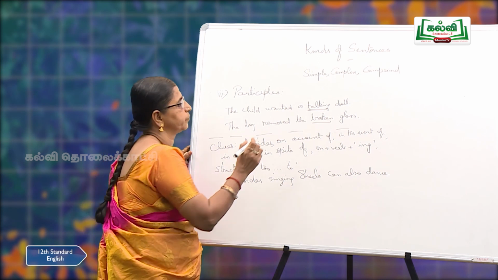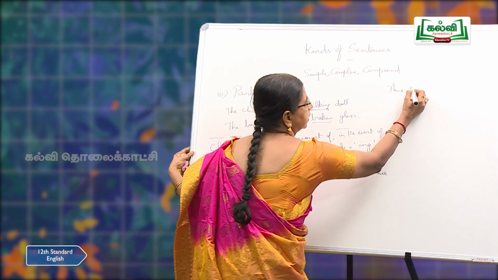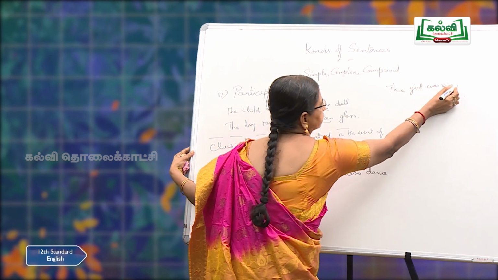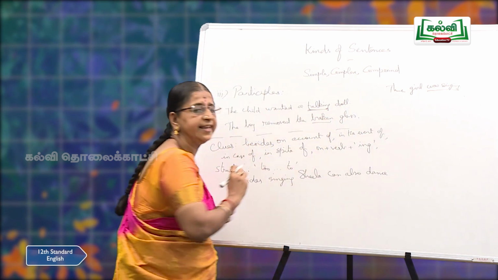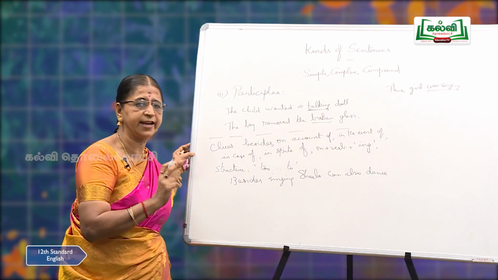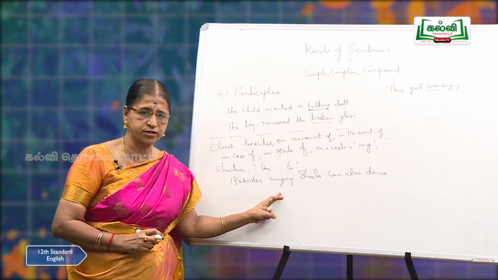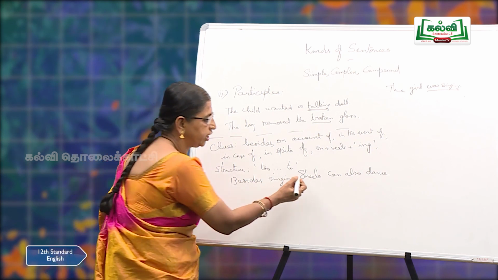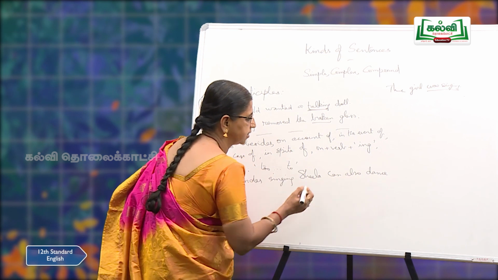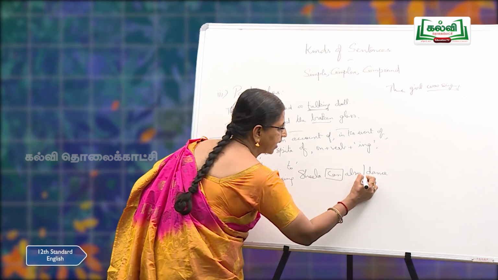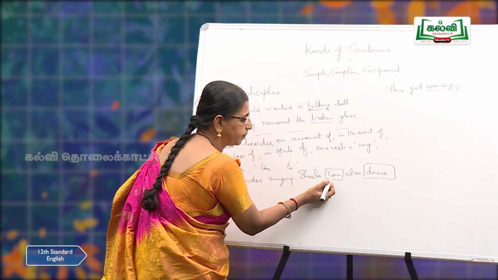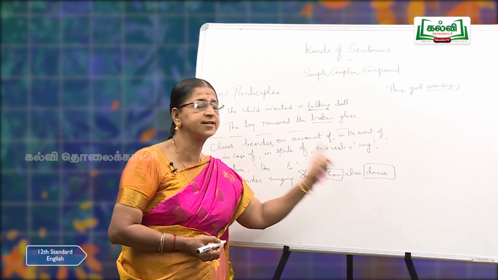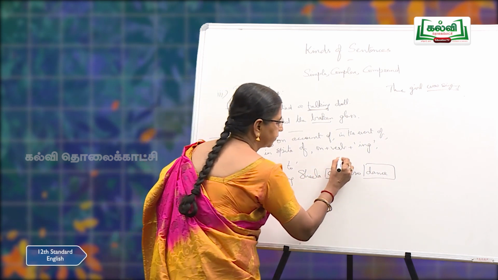Suppose I say the girl was singing. So, here you can easily make out that was singing is the finite verb, but in this case it is not so. You have sing plus ing. So, besides singing, Sheila can also dance. Now, look at this part carefully, can dance. Dance is your main verb, can is the auxiliary, together they form a unit. So, can dance is your finite verb.